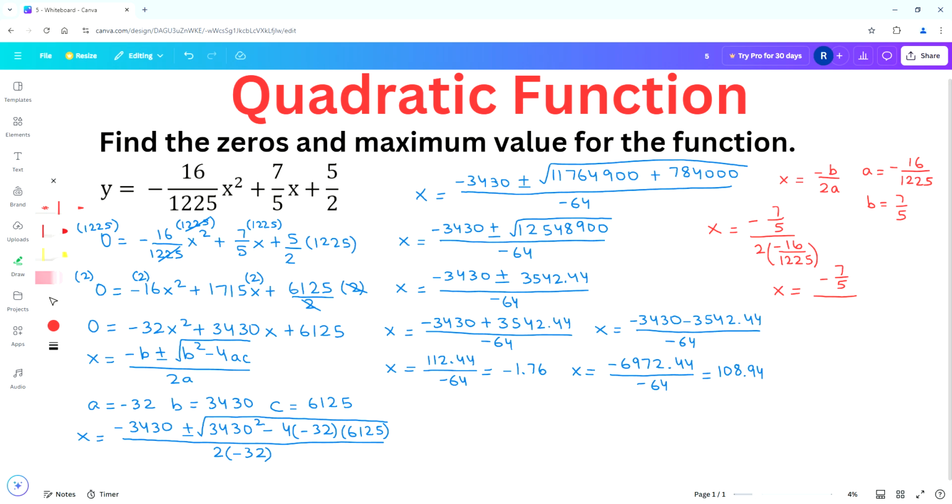In the denominator, 2 times negative 16 over 1225 is equal to negative 32 over 1225.